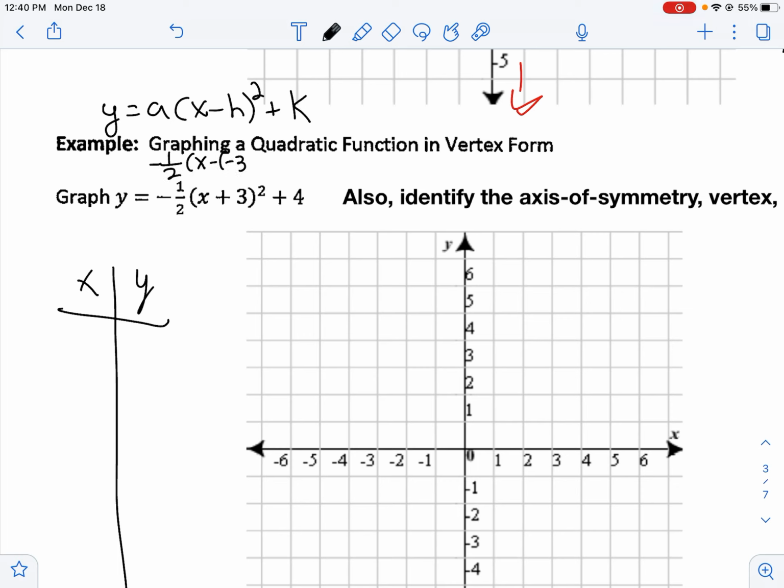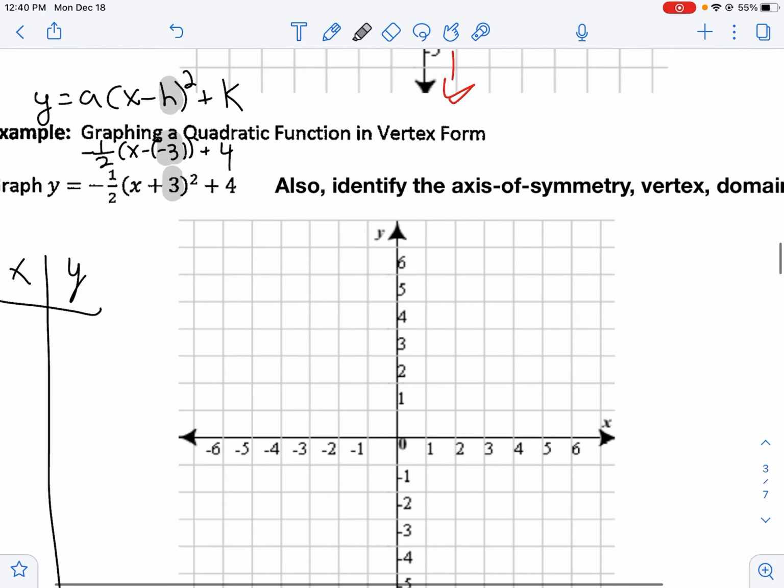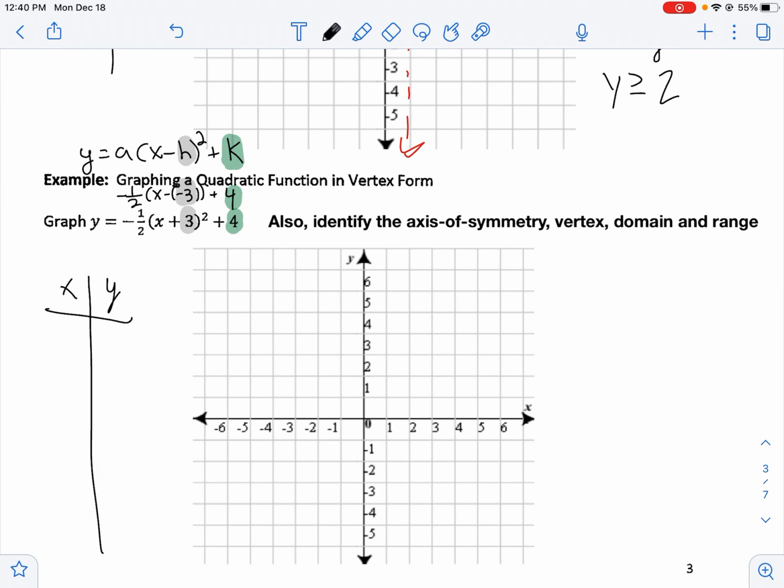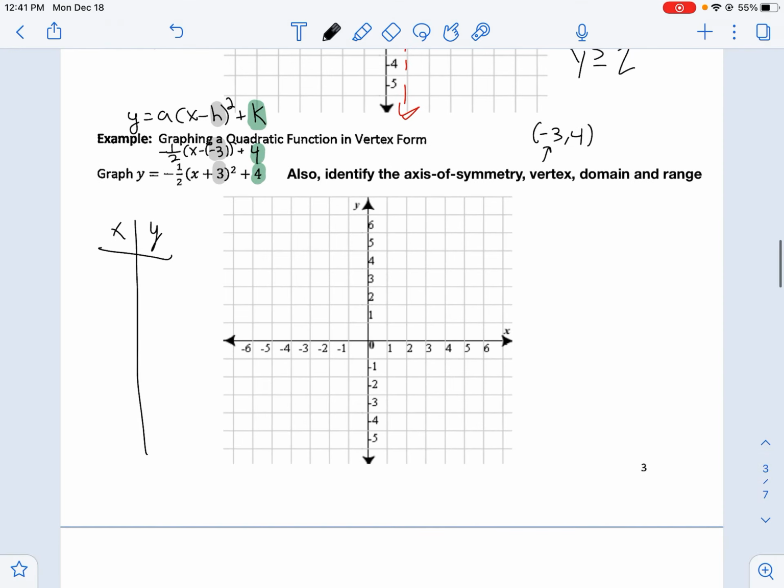So that's like having x minus negative 3, right? Plus 4. So your h over here is going to be negative 3. So when it's plus 3, it's negative 3 for the h, the axis of symmetry as well. Your k for the vertex over here is going to be 4. So we know the vertex is (negative 3, 4). Okay? So we know that (negative 3, 4) is the vertex.